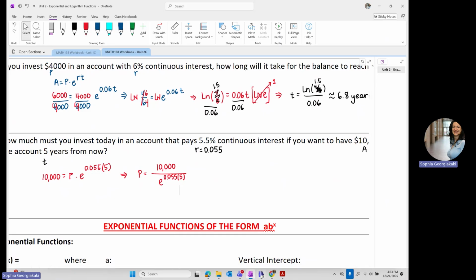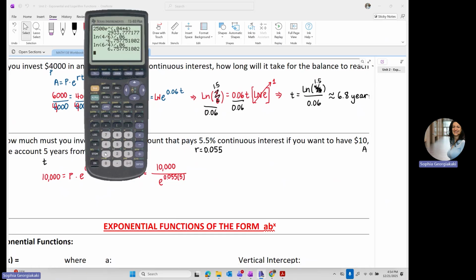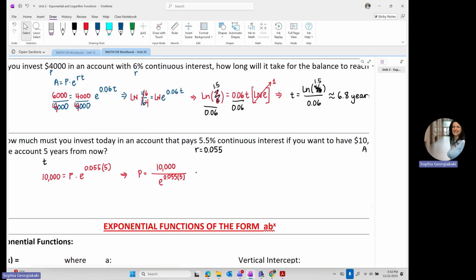So let's try that in our calculator. 10,000 divided by e to the 0.055 times 5. And the answer would be $7,595.72.